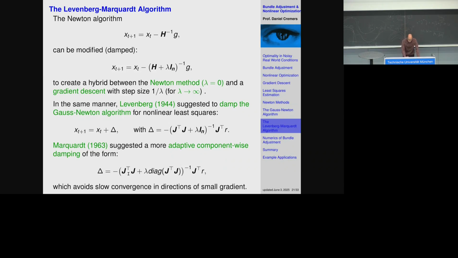So depending on what the size of J transpose J is on the respective diagonal elements, the lambda is kind of in proportion to whatever is already there on the diagonal. And so that makes it more adaptive. And so what he found is that it makes the convergence faster, especially when you have very anisotropic loss functions.